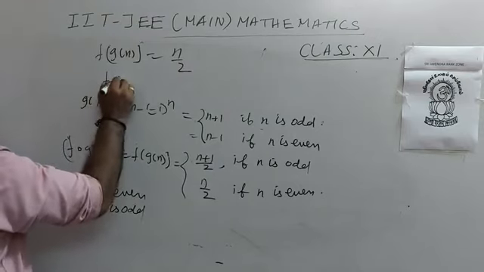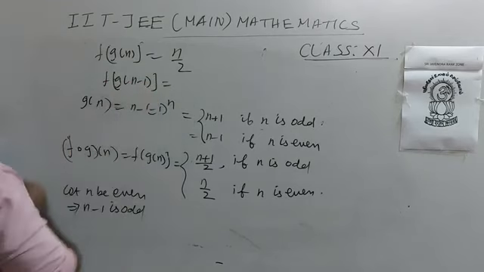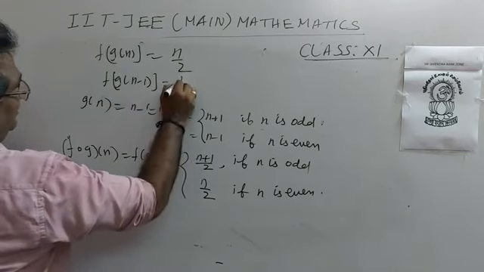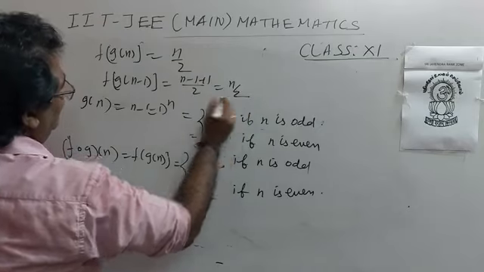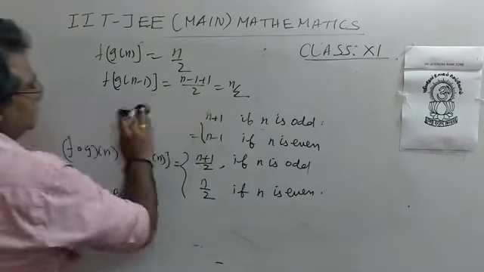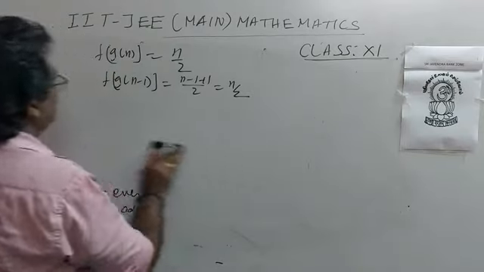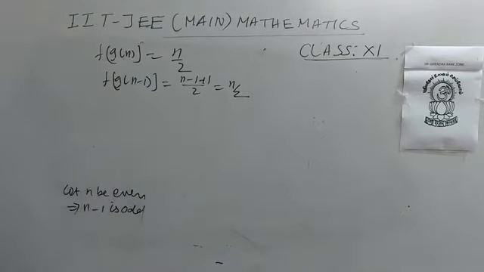For f of g of n minus 1, I take another number n minus 1, what will happen? It is odd, therefore you have to substitute here: (n minus 1 plus 1) by 2, again n by 2. So for n and n minus 1, two different numbers, it gives you the same answer, n by 2.